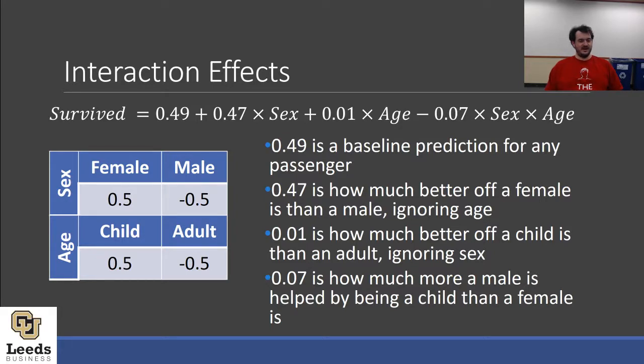And because of some odd math, it can be flipped around to say how much worse off a male is for being an adult than a female is, or a number of other equivalent things. So what it's looking at there is your penalty, or how much more it helps you if you're in the bad for one group to switch to the good for the other.